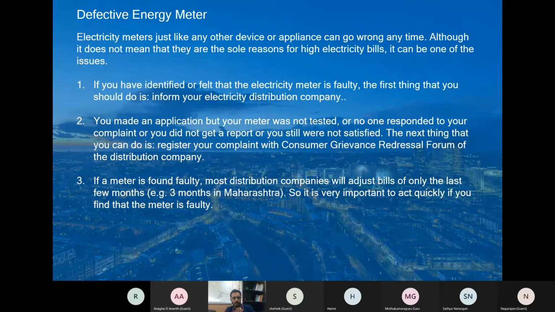It is important to note that if you have a very old mechanical meter, it is likely that it is running very slow. Many people complain of higher electricity bills when their meters are exchanged for electronic meters. But the fact of the matter is that old mechanical meters tend to get slow, and whenever they are replaced with new electronic meters, people tend to get higher electricity bills than before.